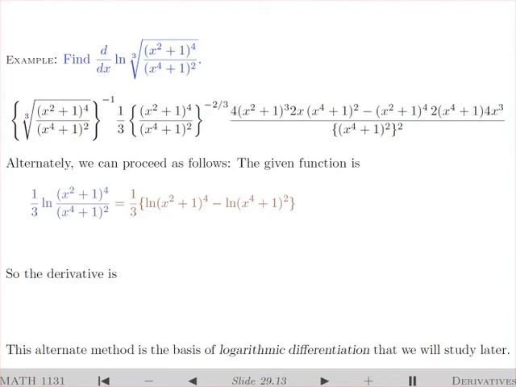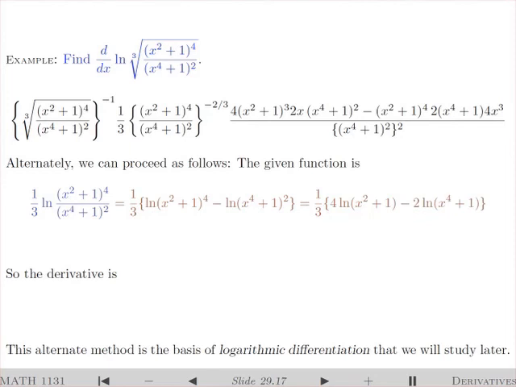Now each of the two terms inside the braces is ln of a power of some quantity. Once again I can bring the exponents inside the ln outside as coefficients. So ln of (x squared plus 1) to the power 4 is 4 times ln of (x squared plus 1), and ln of (x to the power 4 plus 1) squared is 2 ln of (x to the power 4 plus 1).